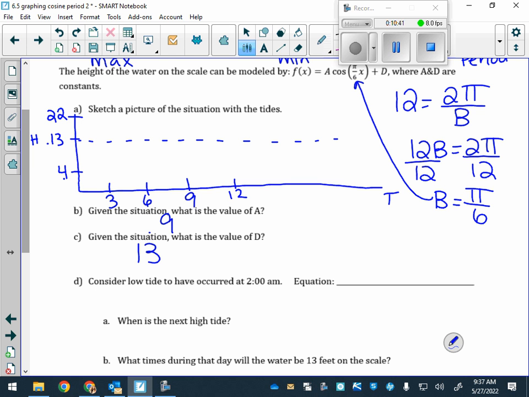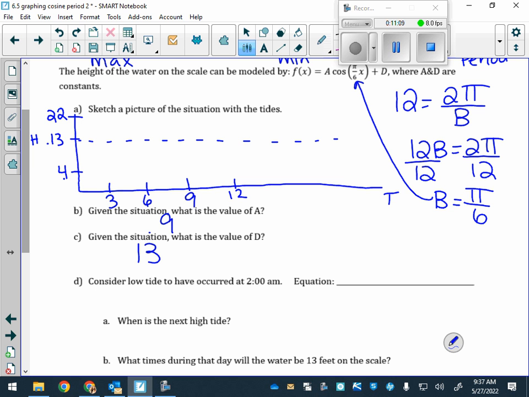Okay. So now, consider low tide started at 2 a.m. Okay. So we could figure out where 2 a.m. will be. Okay. So, where do you think we should put 2 a.m. as our low tide? Yes.